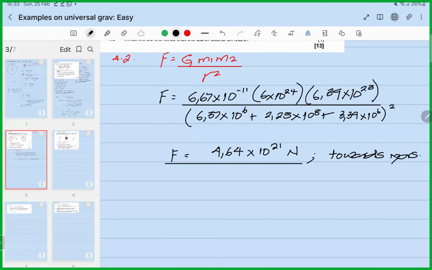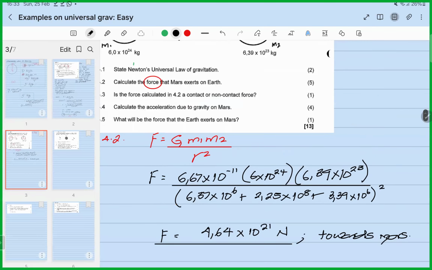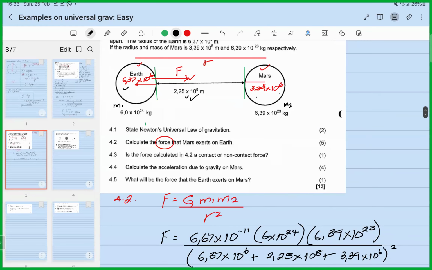Now that's a massive force. These are the forces that keep the planets in their positions and locked in their orbits. Right. Is the force calculated in 4.2 a contact or a non-contact force? It's a force that is acting over a huge distance. Obviously, it's a non-contact force.